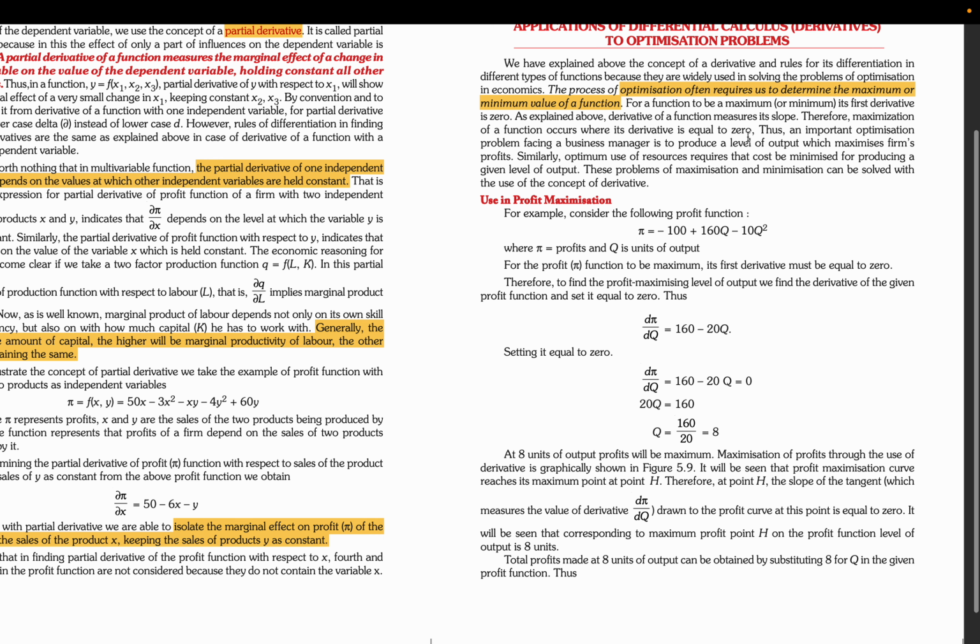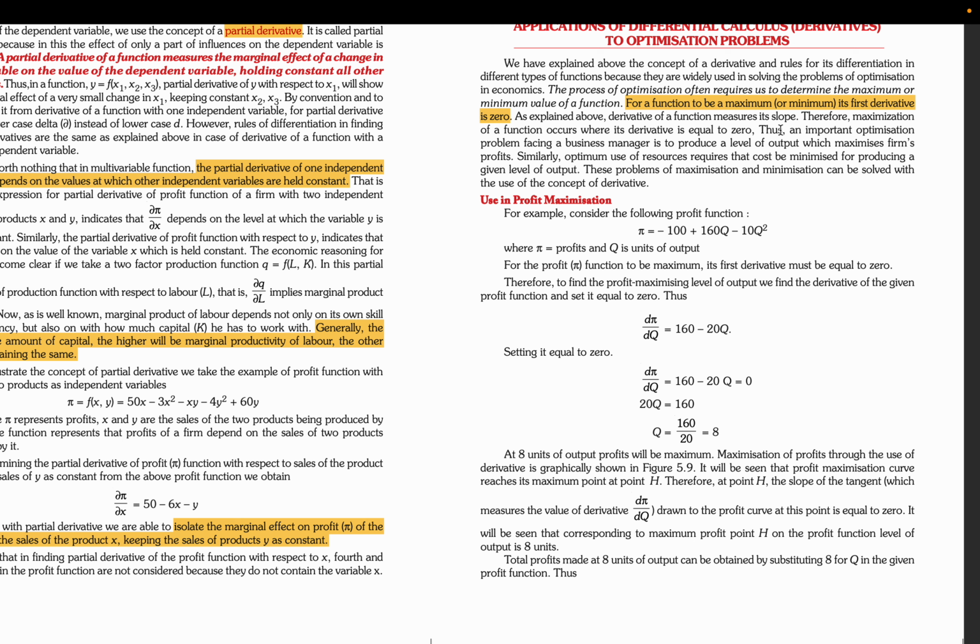For a function to be maximum or minimum, its first derivative is 0. Okay, this is more important. As explained above, the derivative of a function measures its slope, which is dy by dx, or delta y by delta x. Therefore, maximization of a function occurs when the derivative is equal to 0.